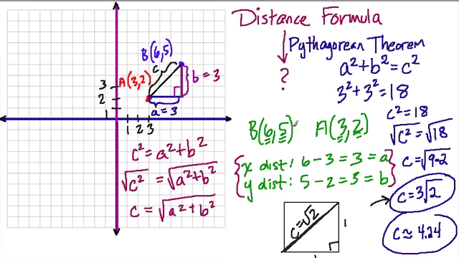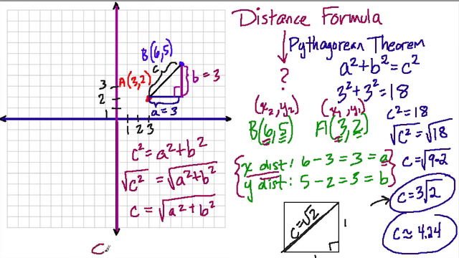Well, if you look at the coordinates, let's say this is x2 and y2, the second x and y, because we had points a and b, and this is the first x and y. To find our x distance, that was our a value, we subtracted our two x coordinates, 6 and 3. In other words, we subtracted x1 from x2.